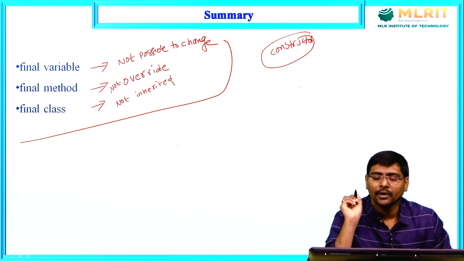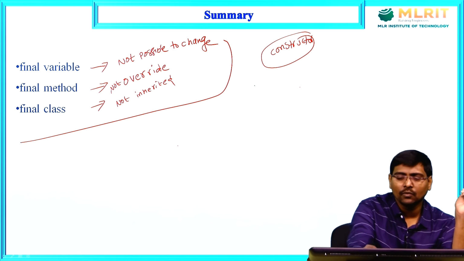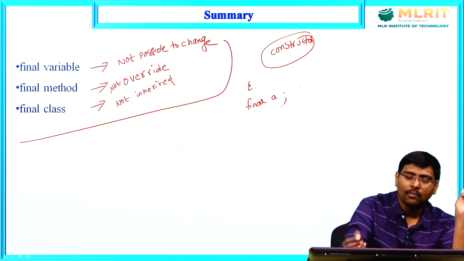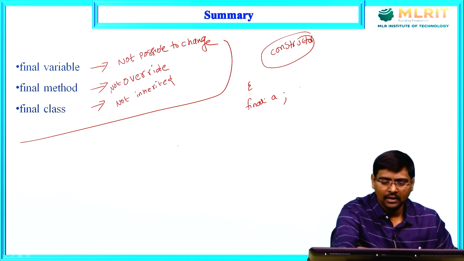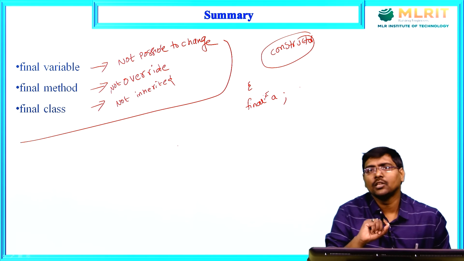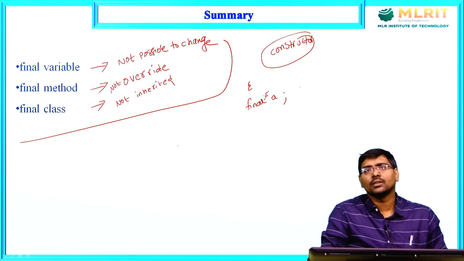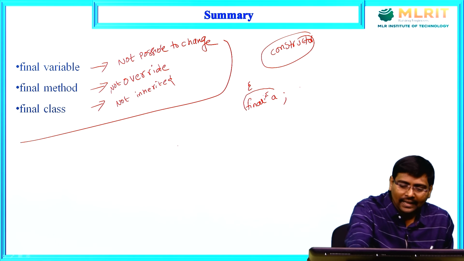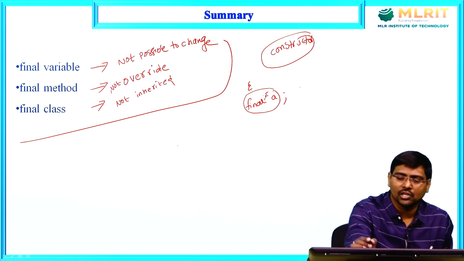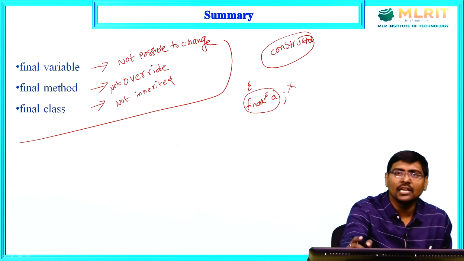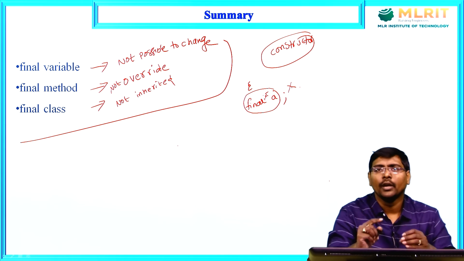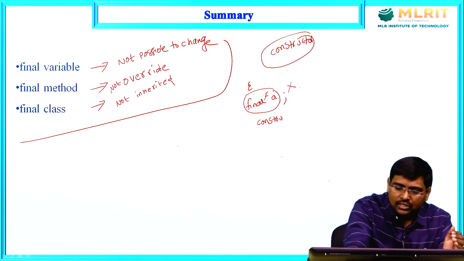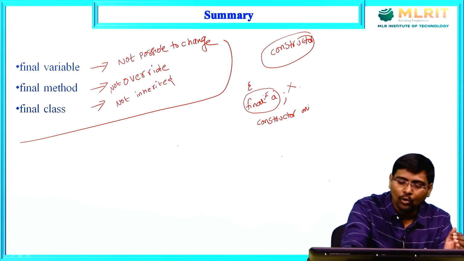Final is not applied to a constructor. Suppose consider one more example. In my program, I declare a variable final int a without any initialization. How do we do initialization? Remember, if at the time of declaration you are not assigning any value, you can provide the initialization by using a constructor only.